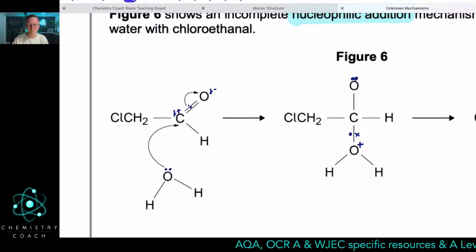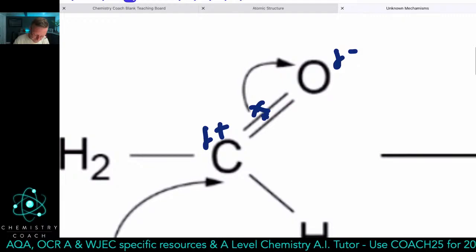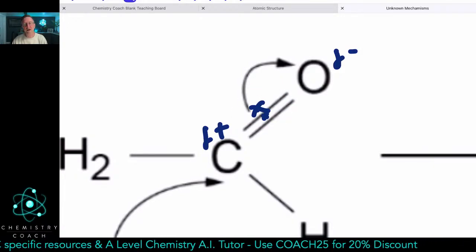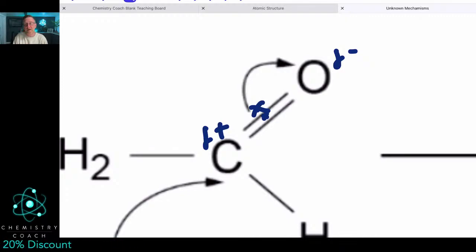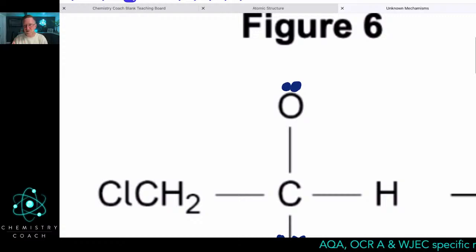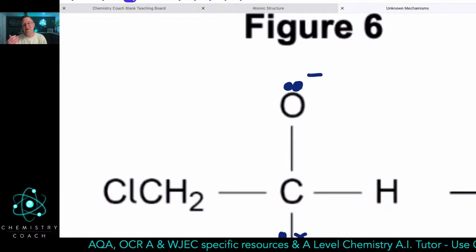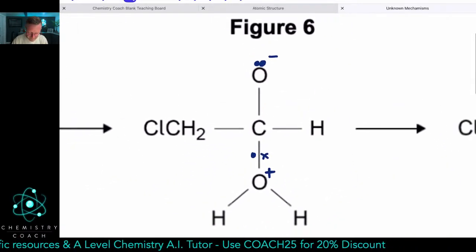And because it's got a full lone pair, remember, this pair of electrons here, one of them belonged to carbon. So it's had off with an extra electron. One of those electrons belonged to oxygen anyway, but the other one belonged to carbon. So now this oxygen has an extra electron. It's pinched one of carbon's electrons, so that's why it's fully negative. Okay, so that's where we end up with our intermediate here.